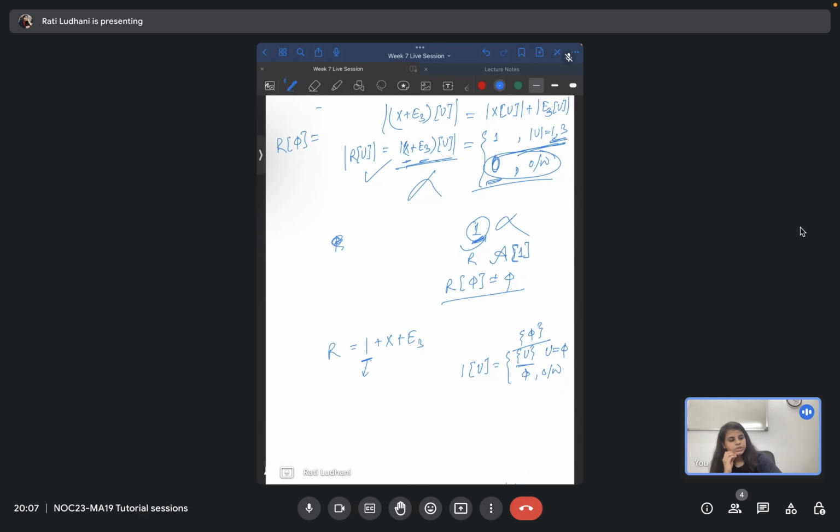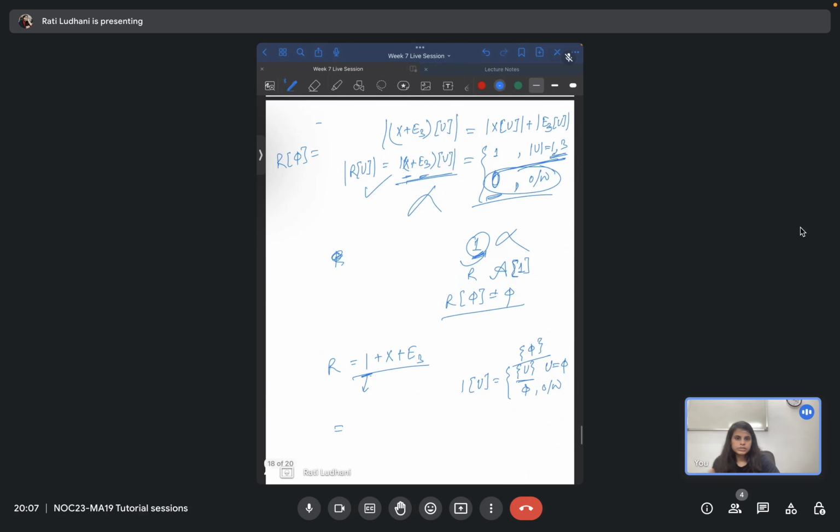Then in that situation, if you consider this r, what is the requirement you need? The empty set has a structure. That was the thing which was missing. So in this situation, you are having r of u. If you check the cardinality, there is one structure when it is 0, 1 or 3, and 0 otherwise.